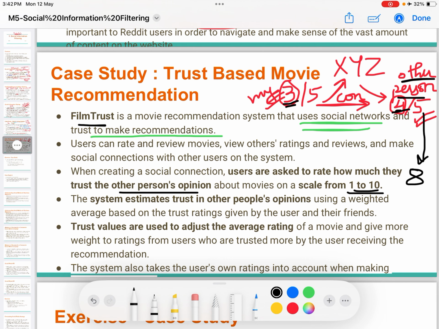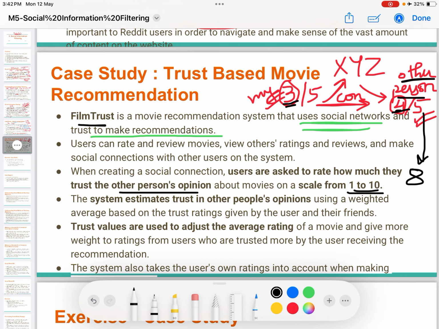The system estimates trust in other people's opinion using a weighted average based on trust ratings given by the user and their friends. So what does the system do? The system will estimate the trust. How much trust do I have in the person? Because I have given that person an 8 rating, that means I trust that person's opinion.